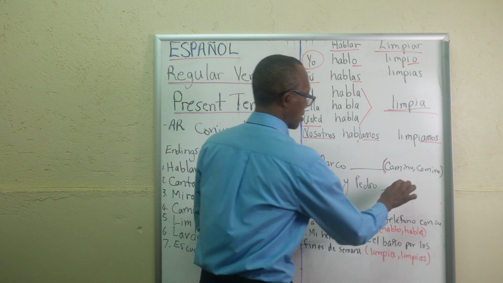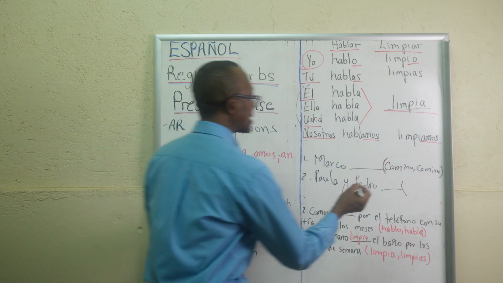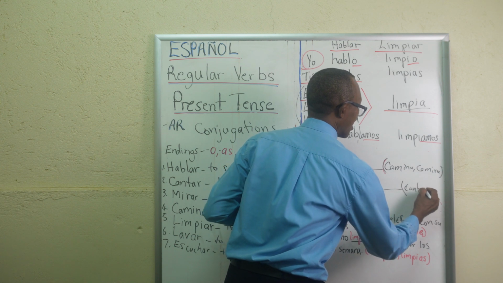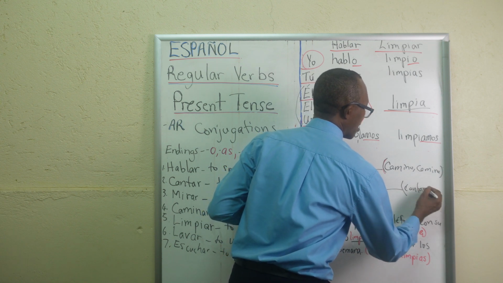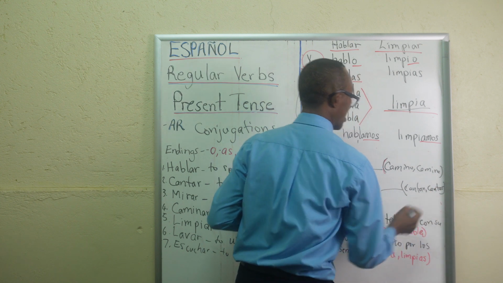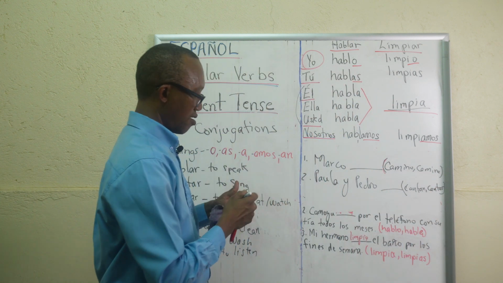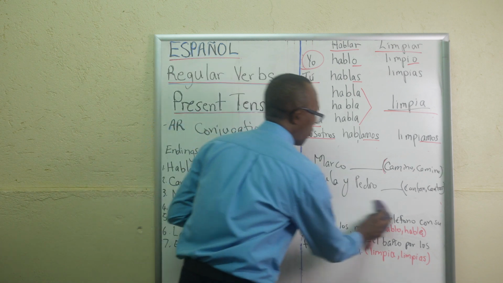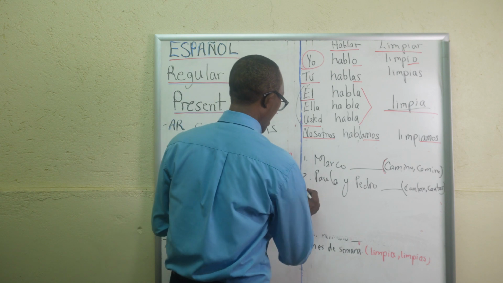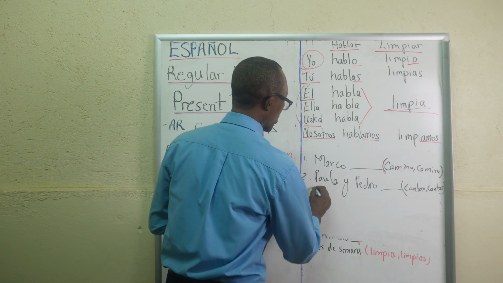Dash. What other verb do we have? Is it cantan or cantas? Which one would you choose? All right, so one last. La última, last one. So let's ask a question.